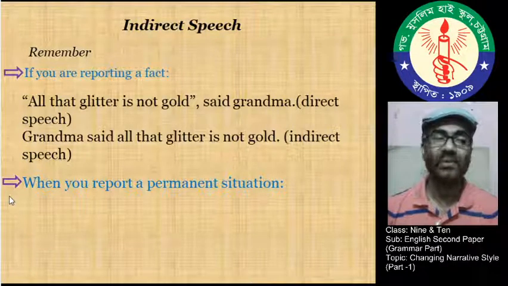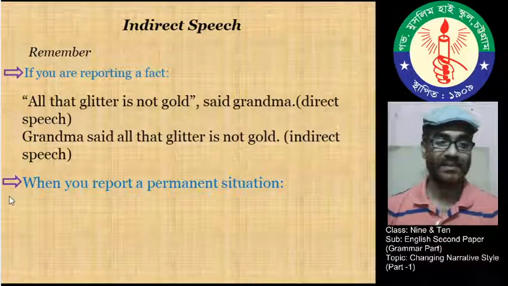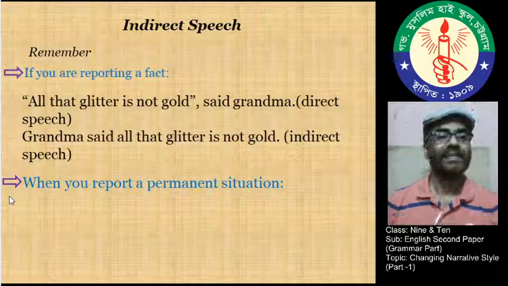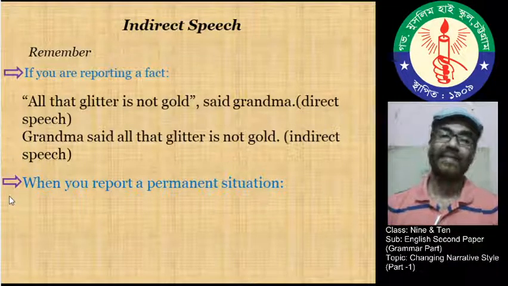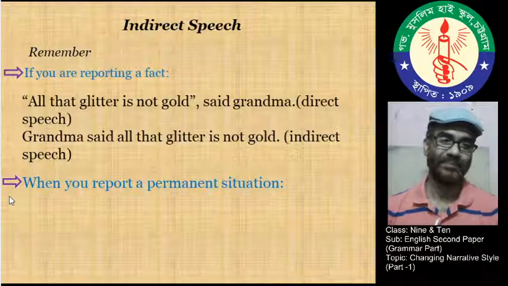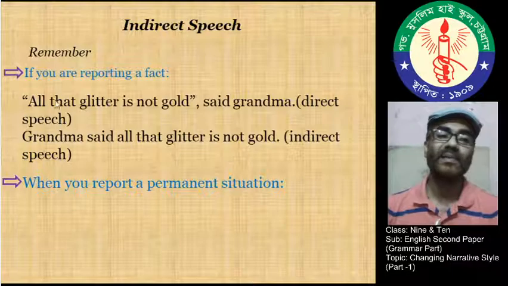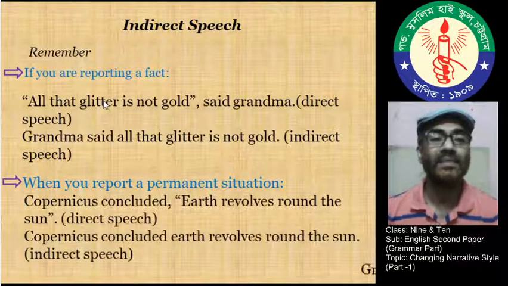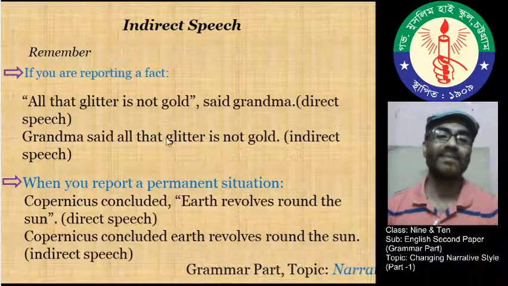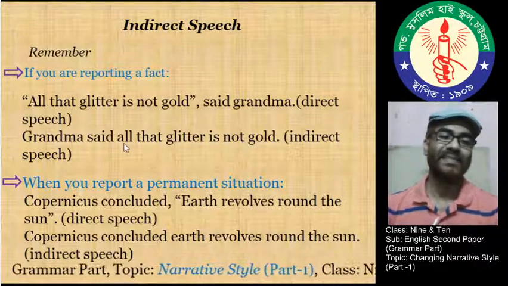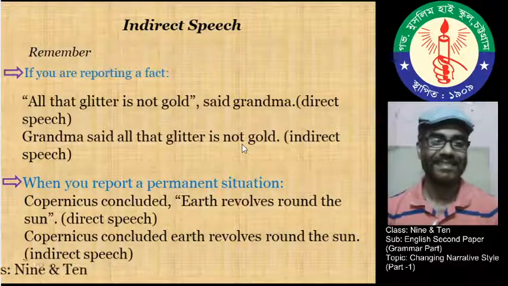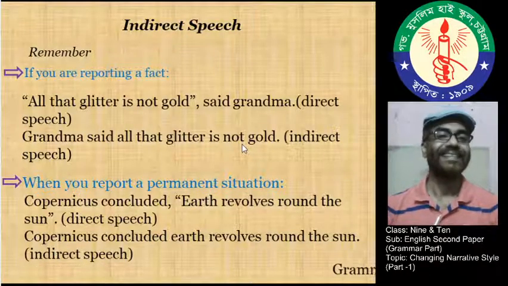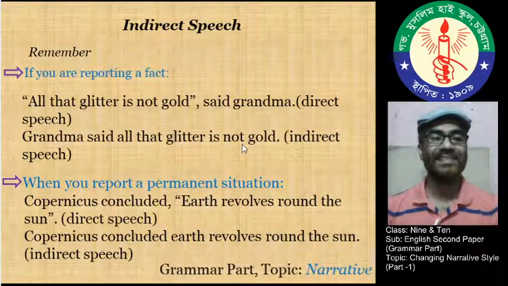In indirect speech, the tense remains unchanged: grandma said all that glitters is not gold. It was in present tense, and here also it's in present tense. No tense changed. Remember it.